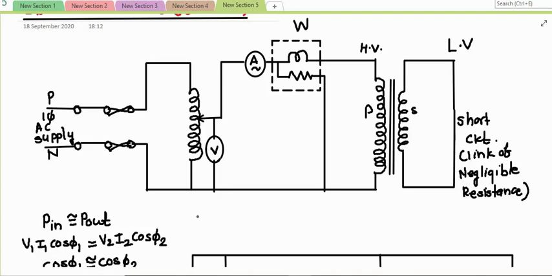Then voltage applied across the primary winding we have to adjust such that it will circulate the full load current in the primary and secondary circuit. So this will indicate my I1 full load and this will indicate my I2 full load. You can short circuit this secondary by means of the ammeter also, right?